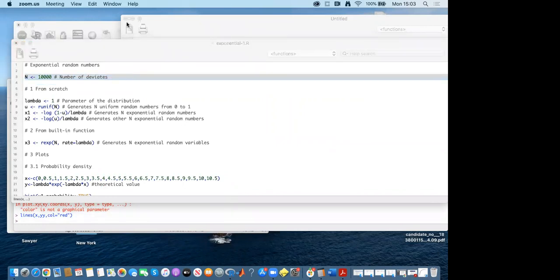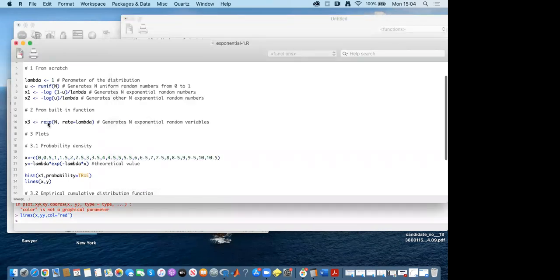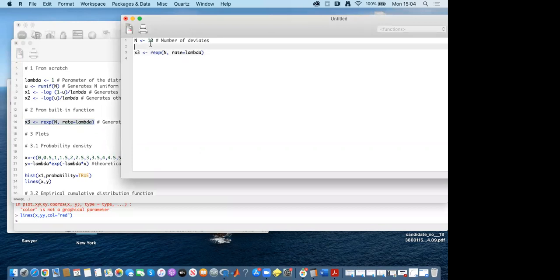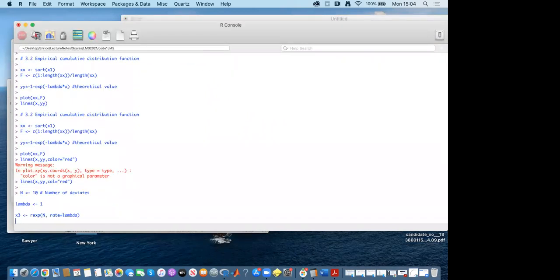We start from the sample size, but this time, let's simulate just 10 random variables. Good. Now we use the built-in function, but we have to set lambda, for instance, to 1. Why not? So here we have a sequence of 10 exponential random variables with lambda equal to 1.